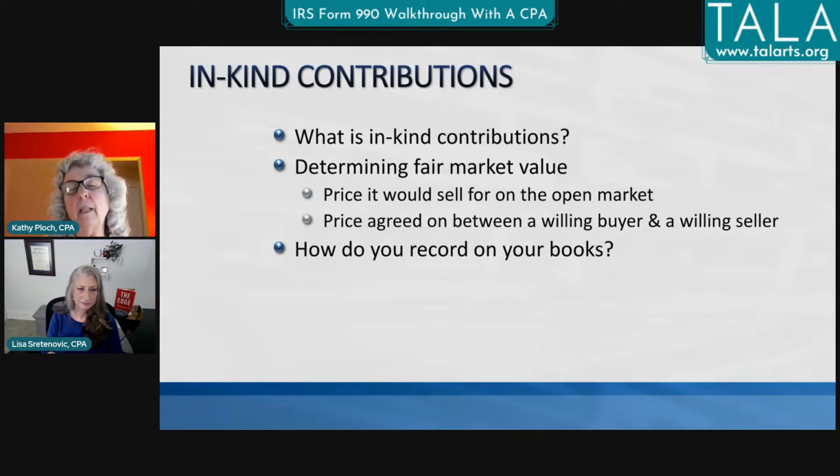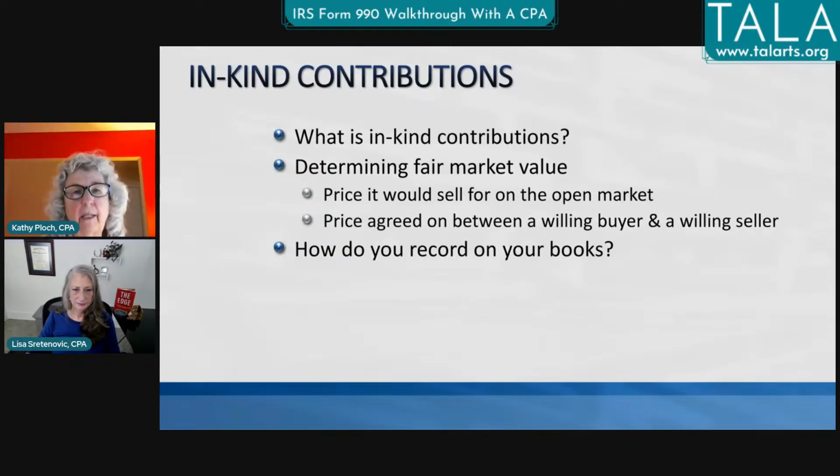What I like to do is have the in-kind separated out from any of the other expenses in that same category where you actually did pay for something, because, like we talked about, some of these in-kind amounts do not actually go on the tax return.